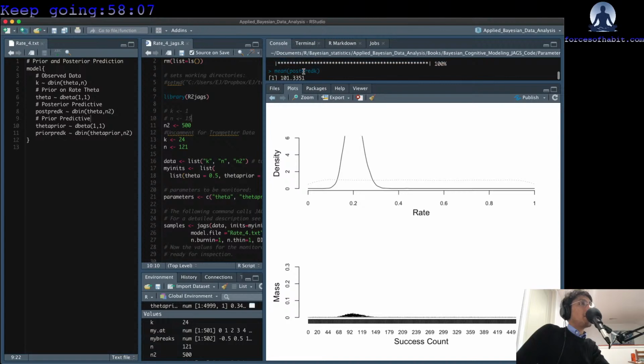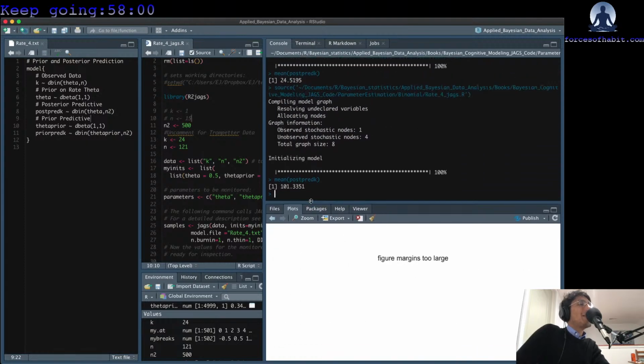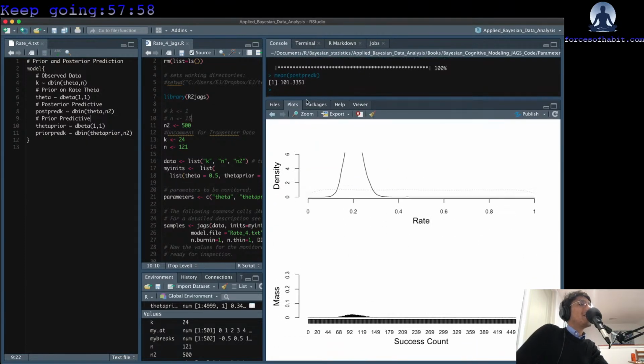And then I take the mean of post-predict. Oh wait, that's not informative, right? Maybe the mean, oh. 300. This is probably not doing what I think it is.